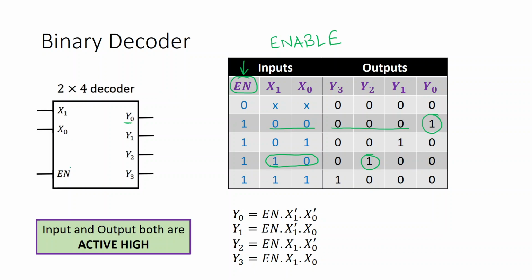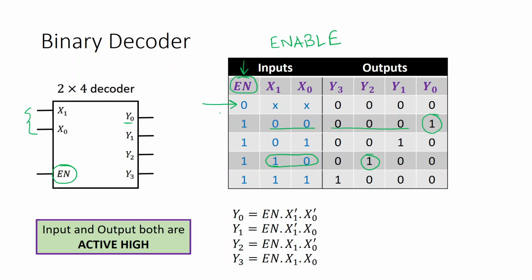That is decided by this enable input. So when you keep this enable 0 here, no matter what input combination you are giving, none of the outputs is getting activated. You see all the outputs as 0. This is the function of the enable input.